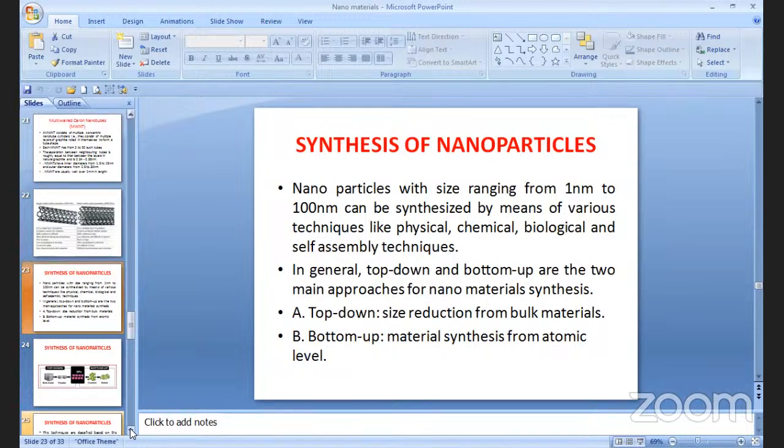Now there are different methods, or we can say different techniques, in order to synthesize nanoparticles.